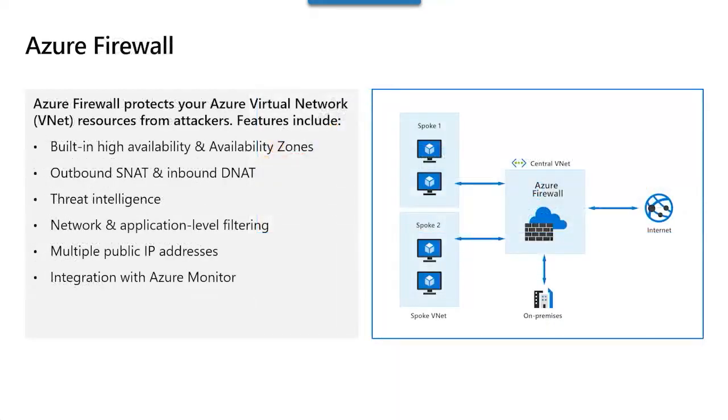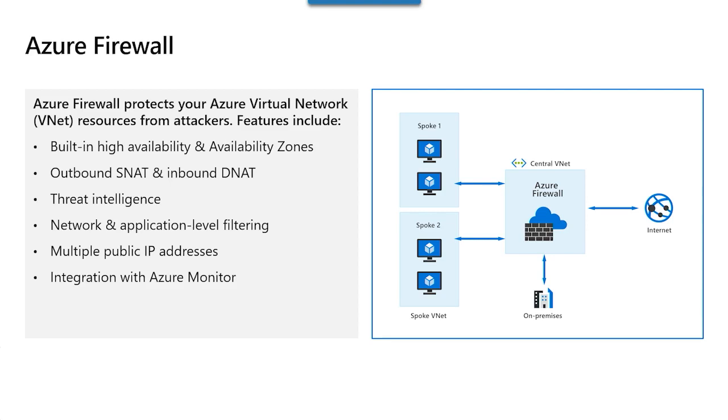Now, as we move on to Azure Firewall, I want you to think back to Module 1. Remember where we discussed defense in depth? The Azure Firewall's goal is to protect your perimeter, and it's going to try to stop any sort of attacks before they can make it onto your network. The Azure Firewall is a scalable solution that you can adjust to meet the need of your traffic.